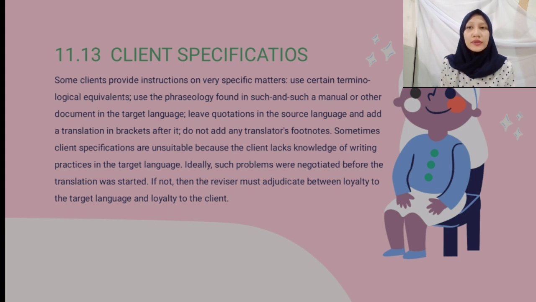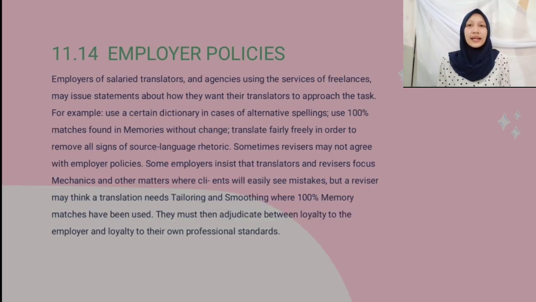Client specifications are also unsuitable sometimes because the client is unfamiliar with writing conventions in the target language. In an ideal world, all issues will be resolved prior to the start of the translation. If this is not the case, the reviser will have to choose between fidelity to the target language and fidelity to the client. The last is employer policies.